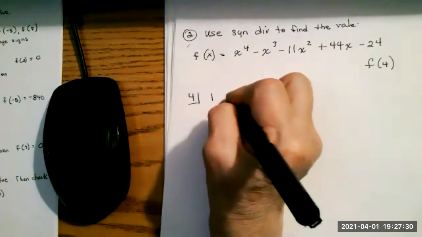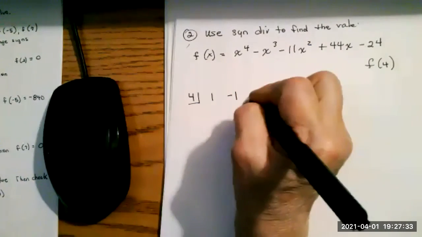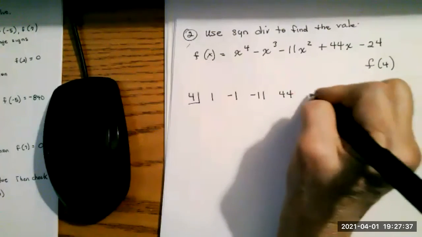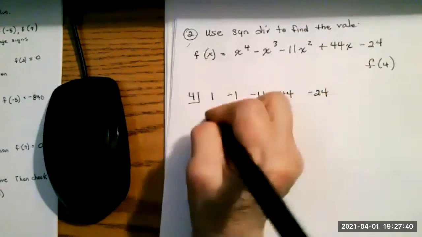1x to the 4th, negative 1x to the 3rd, negative 11x to the 2nd, 44x minus 24.